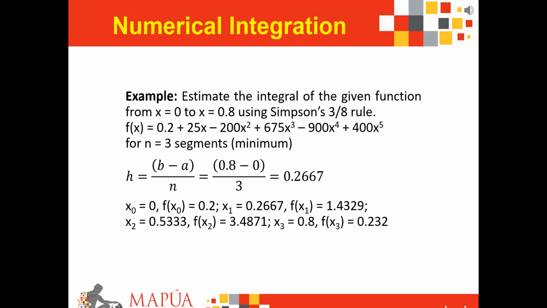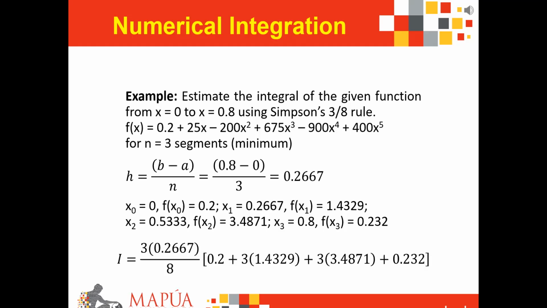Substituting now these important values of x onto your respective function, much like what we did under trapezoidal rule and Simpson's 1/3 rule, we ended up with the following functions for fx0 to be 0.2, for fx1 to be 1.4329, for fx2 to be 3.4871, and for fx3 to be 0.232.